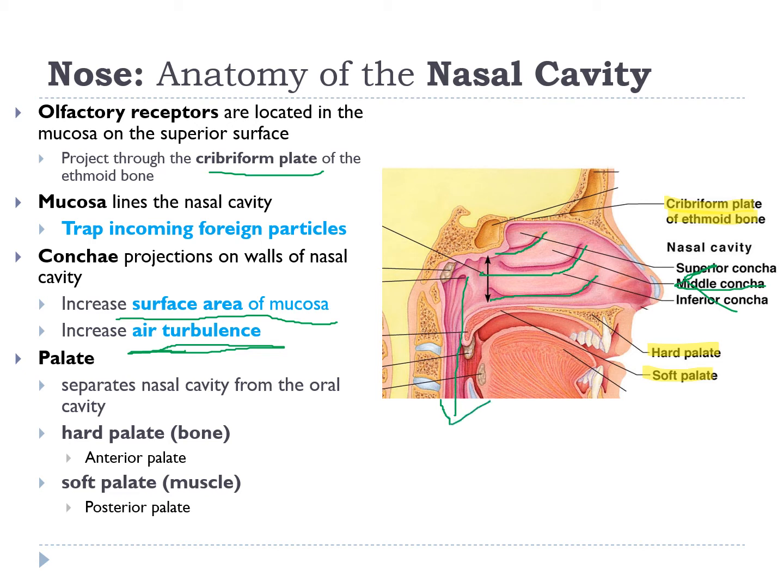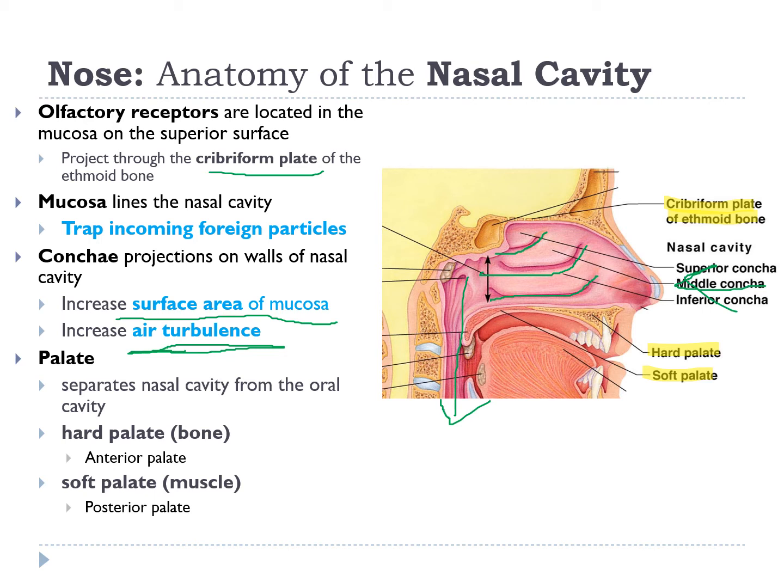And what this does is it causes the air to spend more time. So instead of spending a quarter of a second, the air spends a half a second going across all the mucosa in your nasal cavity, allowing, again, for the mucosa to trap more particles, to be a better filter of the air.